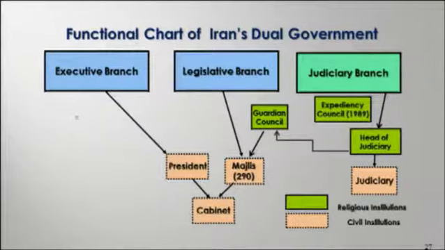And as you may recall from earlier segments where I discussed this, with the launching of the so-called dual leadership in 1989 by President Rafsanjani and the leader Khamenei, the power of the Expediency Council was significantly broadened, and it went well beyond what Ayatollah Khomeini originally had intended.